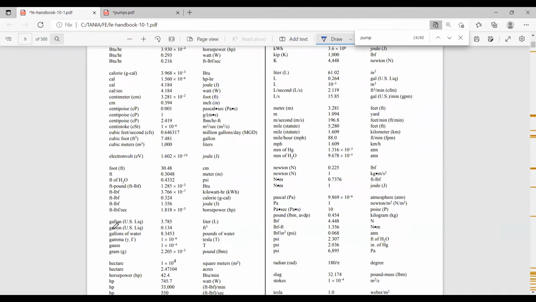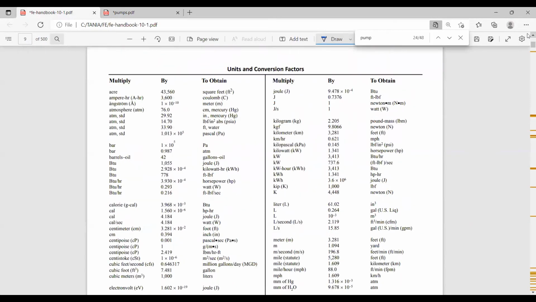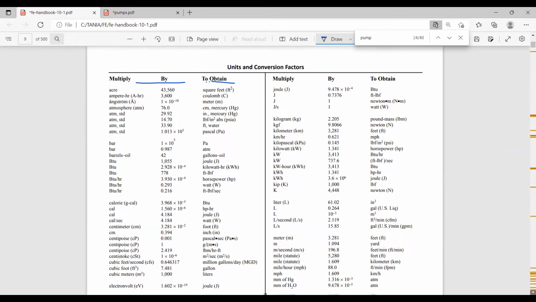So in order to transform from gallon to cubic feet, we have to multiply by 0.134. And why multiply? Because it says so right here at the top of this page: multiply gallons by 0.134 to obtain cubic feet.